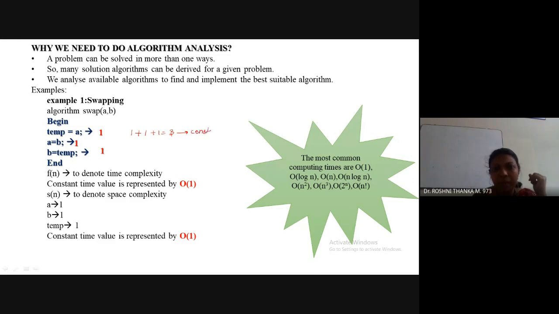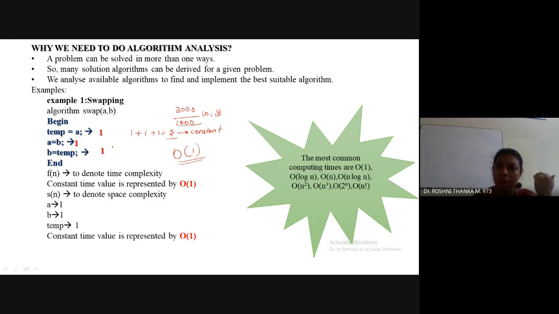So we know whenever we get a constant, whether it is 3 or 1000 or 10,000, whatever the value may be, we denote that time complexity as big O of 1. That is the time complexity, which you know already.